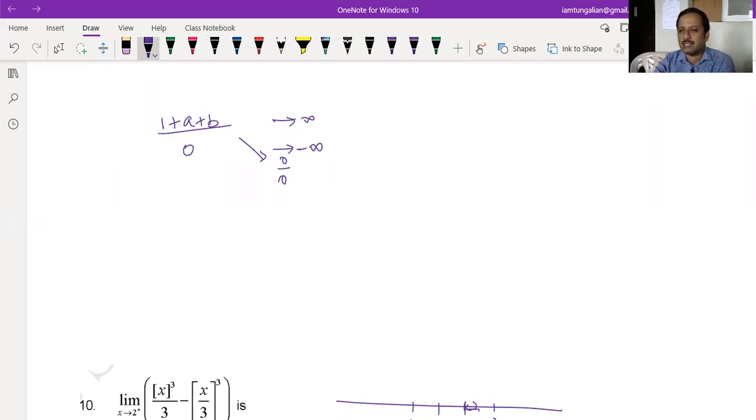But if it is 0 by 0, then after simplification, either by factorization or by using L'Hospital's rule or by any other means, if we simplify that limit further, then there is a chance that it may be finite. But as we said, if it is not 0, then it is certainly not finite.